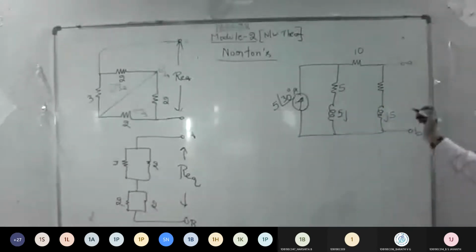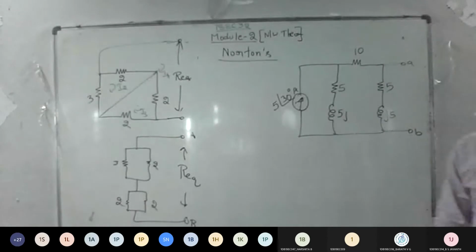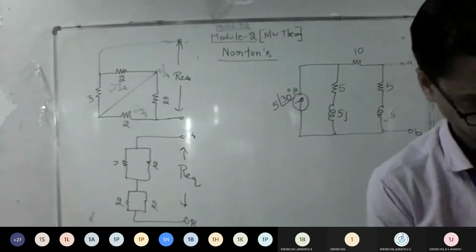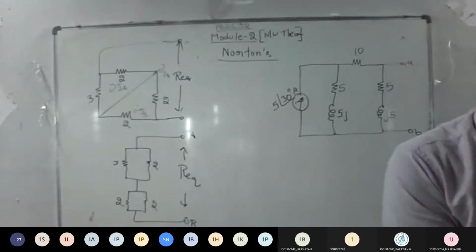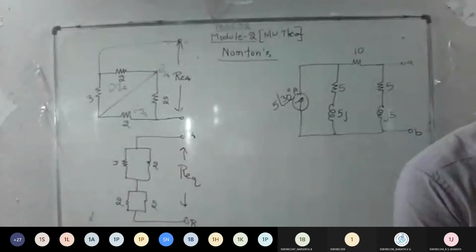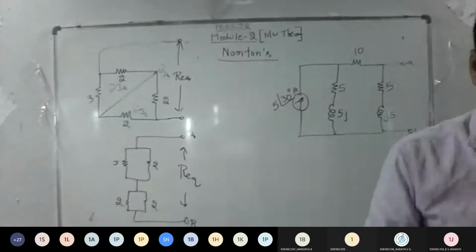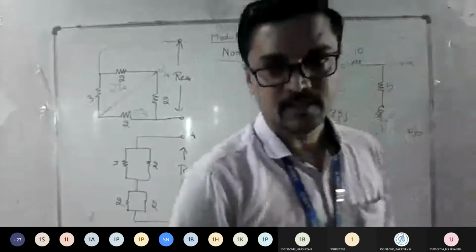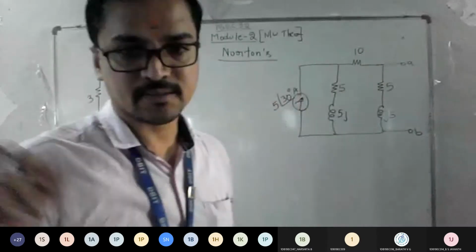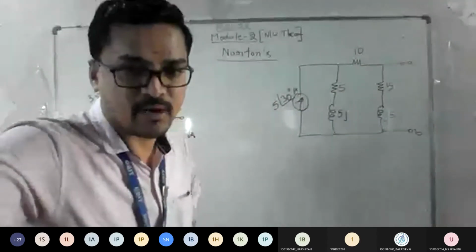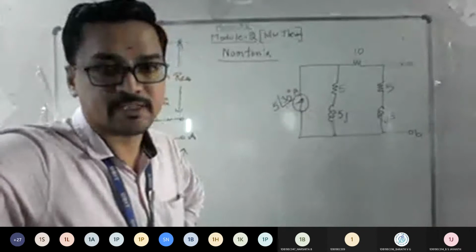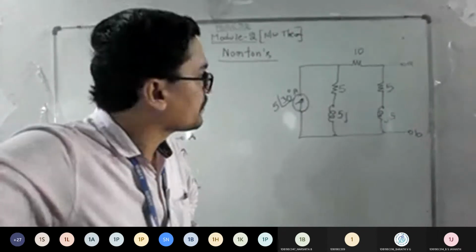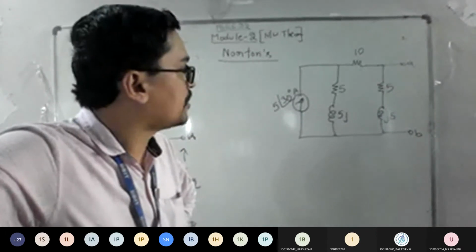Is it visible here? Write down the question first. See, since they have asked Norton's and Thevenin's, the marks become 12. So if we get both, you can expect 10 to 12 marks. Okay, we'll stick to the procedure.